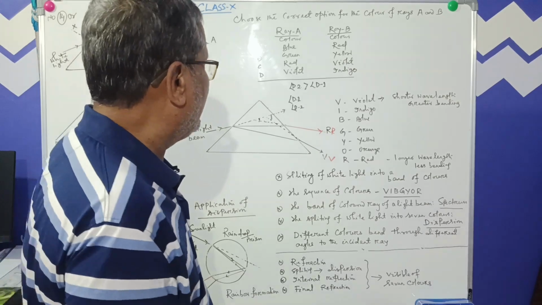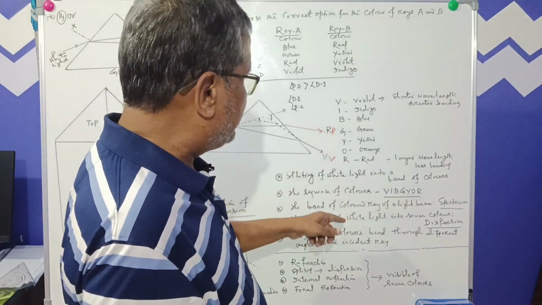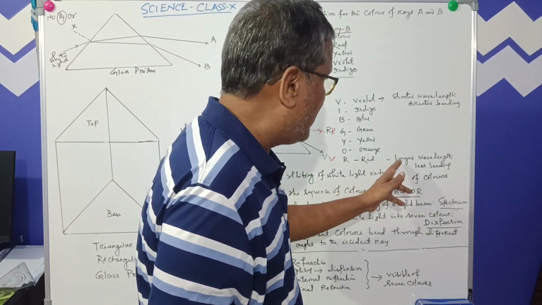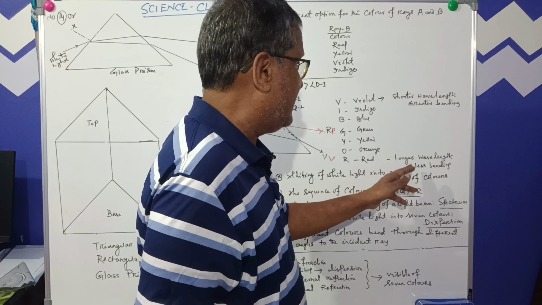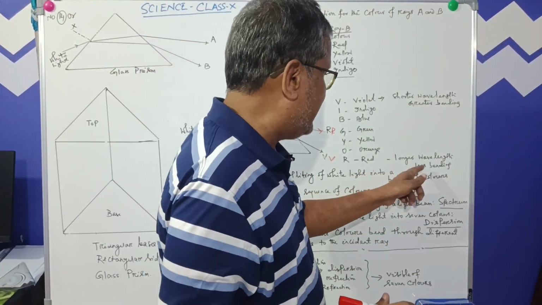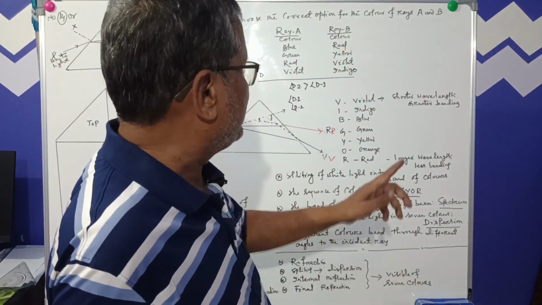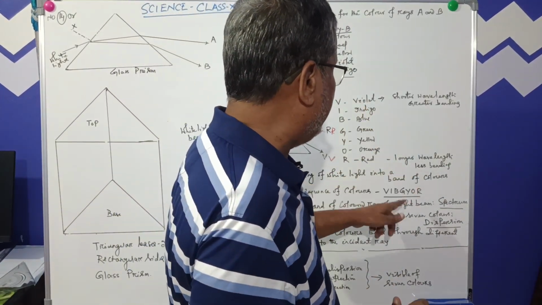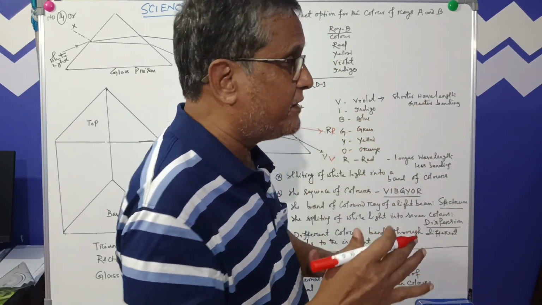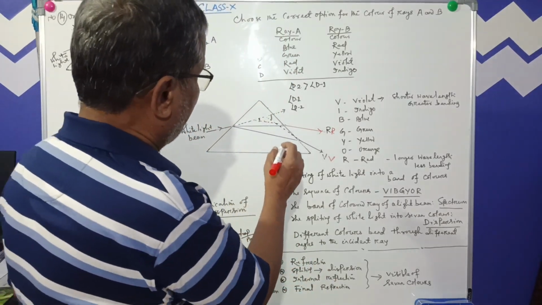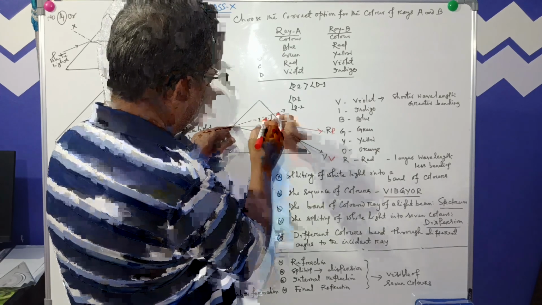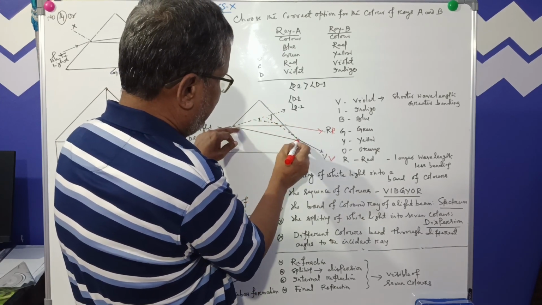Now you see, we have mentioned here red color, it has a longer wavelength, and it bends least, less bending. We shall discuss. Violet has the shorter wavelength and greater bending. Now you see, if it is the actual path, then it is the emergent ray.